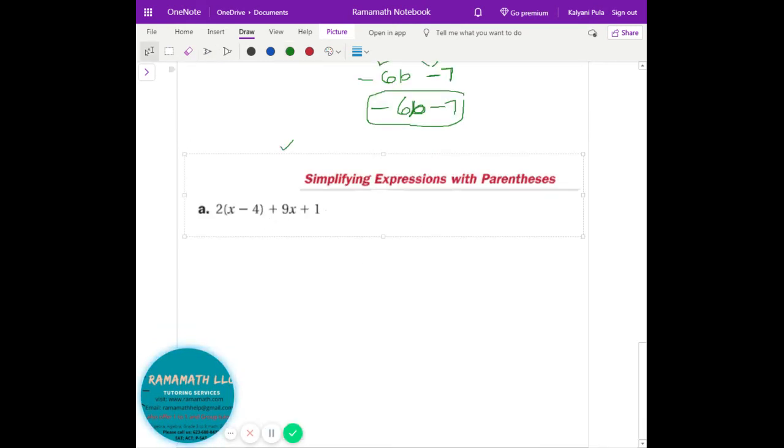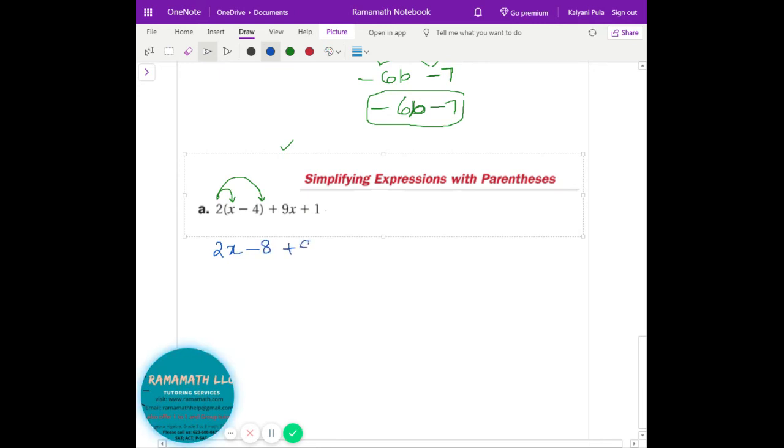Now we see this question right here. Now we have some parentheses and some other stuff there too. We learned the distributive property in the last lesson, so let's do the distributive property first. Whenever you see parentheses, you need to take care of the distributive property. So let's distribute this one first. 2 times x is 2x, and 2 times 4 is 8.